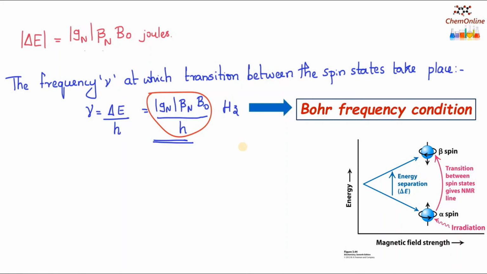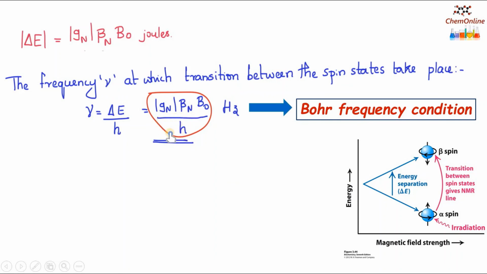This represents the Bohr frequency condition, and this is the fundamental equation of NMR. This equation shows that the frequency of the electromagnetic radiation that is required to induce a transition between the two states depends upon the strength of the applied field B0.